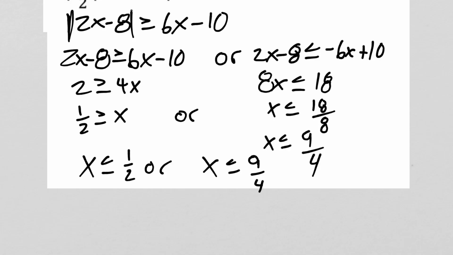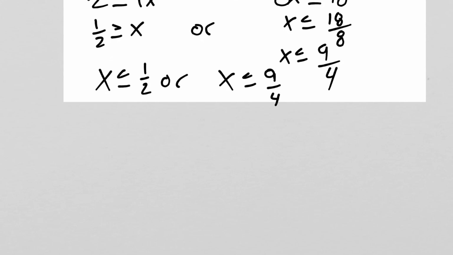Let's maybe think about this on a number line, because this is kind of goofy. So here's our number line. 1 half and 9/4. Let's think of this in a little easier way. If we just go back to 2/4, now we can directly compare 2/4 and 9/4. We're told that x is less than or equal to 2/4, or x is less than or equal to 9/4.